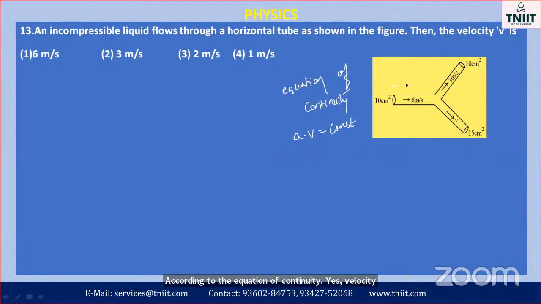Here the liquid enters here and comes out like this. So according to conservation, area into velocity, 10 into 6 must be equal to 3 into 10 plus V into 15. I'm equating area into velocity as a constant according to the equation of continuity.